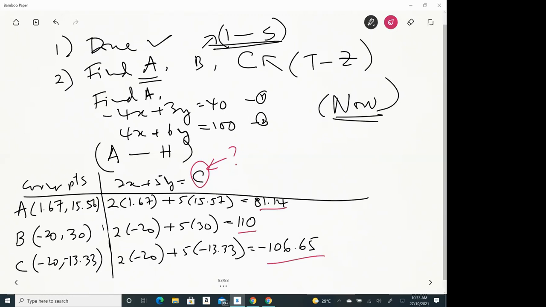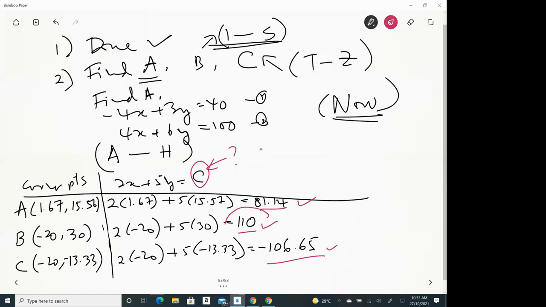So now we identify the point that solves the problem. If I go back to the problem, you want to maximize. So when you want to maximize, we are looking for the maximum value. I got here 81.14, 110, negative 106.65.